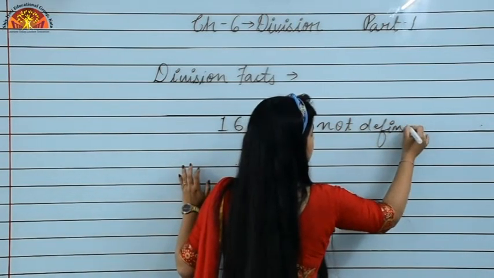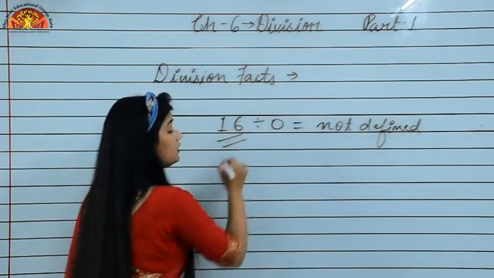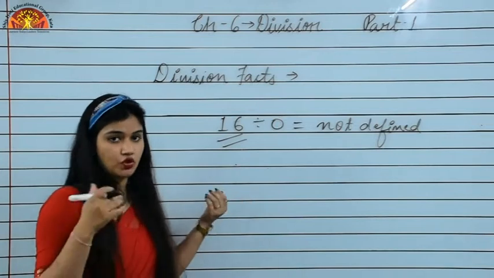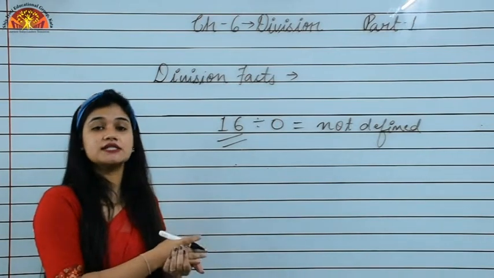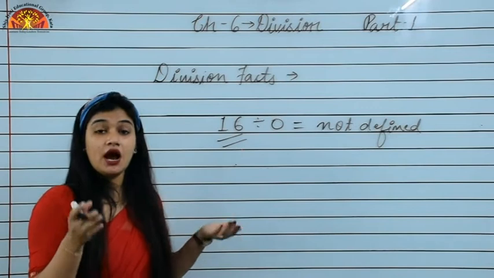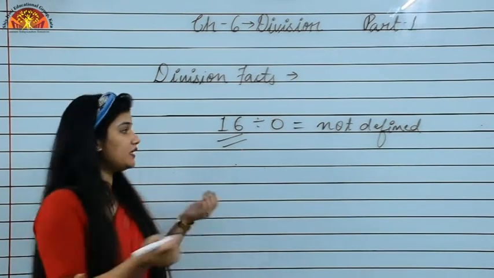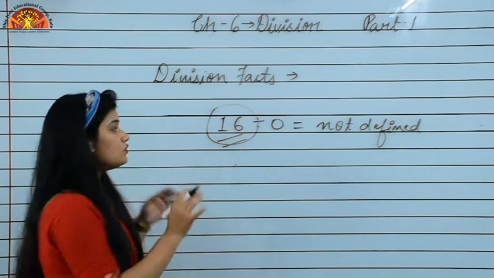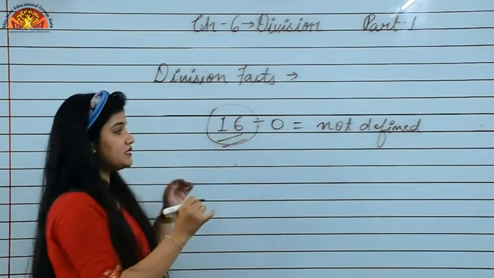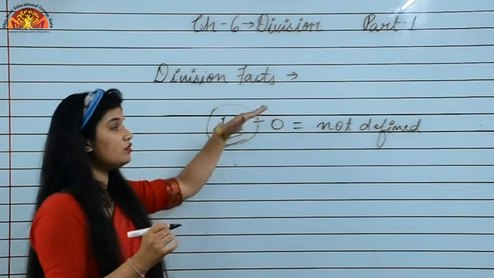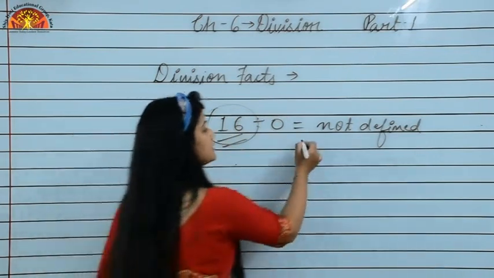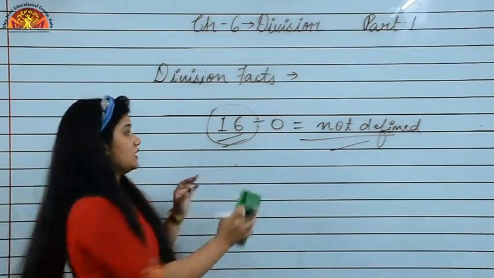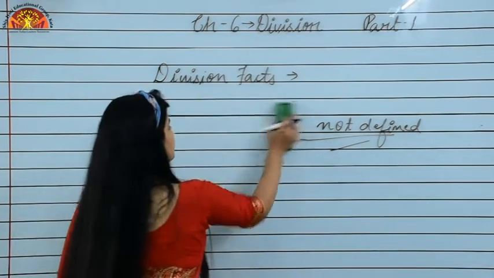Because this is not possible to divide a number by 0. Suppose you have 16 chocolates and you have to divide 16 chocolates among 0 people. आप 0 पीपल्स के बीच में कैसे डिवाइड कर सकते हो 16 चॉकलेट्स को? This is not possible for us. So when any number is divided by 0, the answer will be not defined. Is it clear, students? So here we have seen division facts.